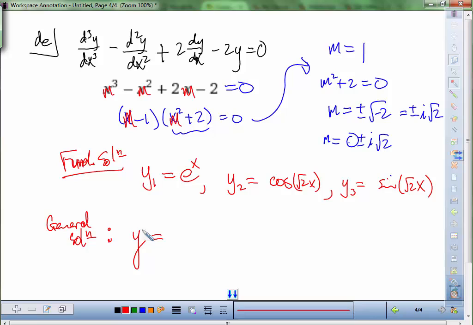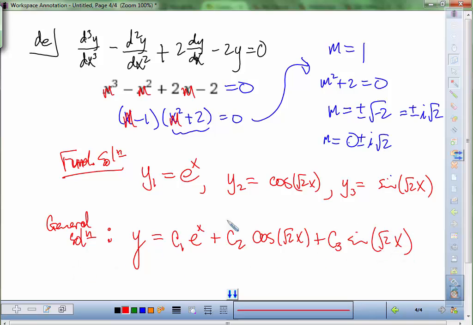This is just y. y is equal to C1 e to the x plus C2 cosine root 2x plus C3 sine square root of 2 times x.